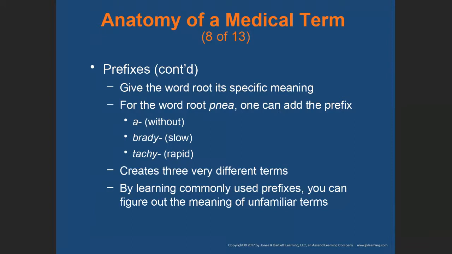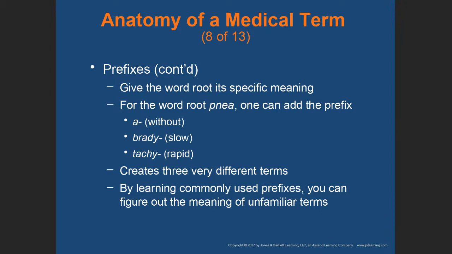Prefixes give the word root its specific meaning. And we have some examples. For the word root pnea, pnea is breathing. And if we add various prefixes at the beginning of pnea, it can change the meaning of the word.